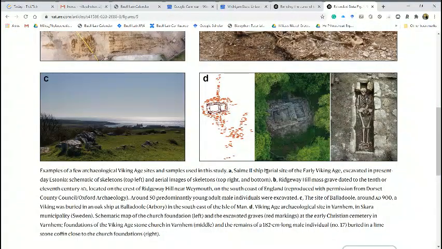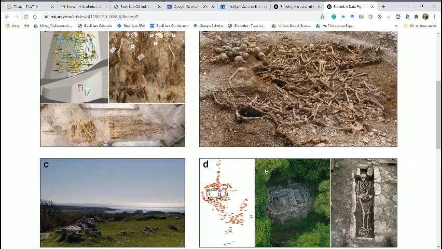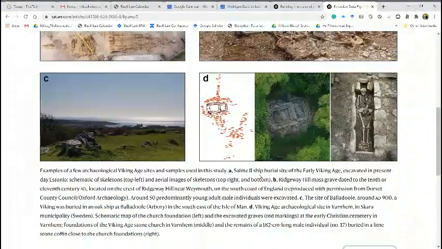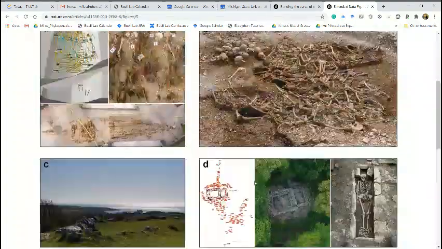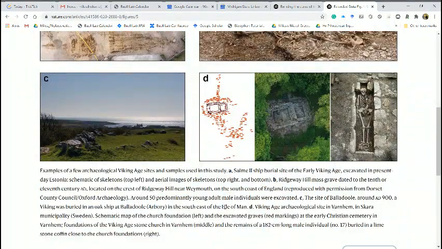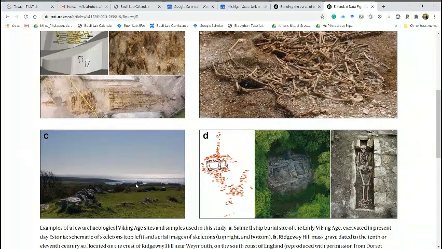Some kind of burial site in A. B is a mass grave. Why is there a mass grave? How did they die? 50 young adult males. Man.